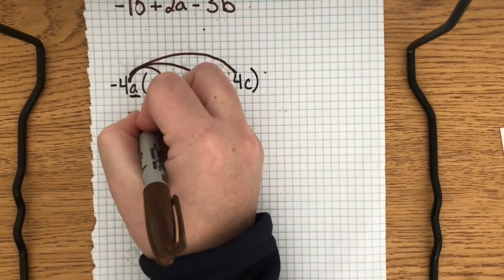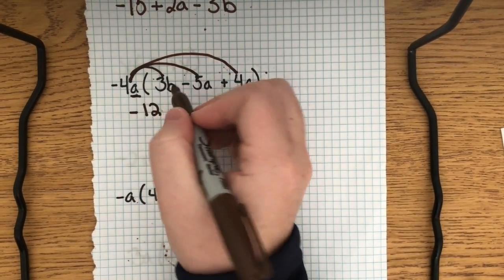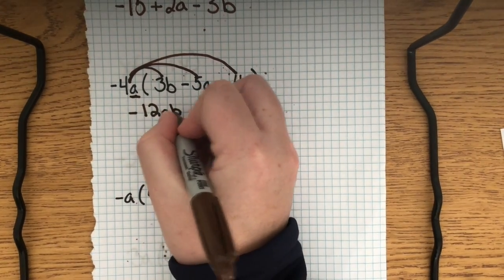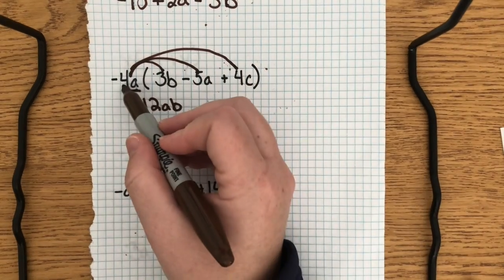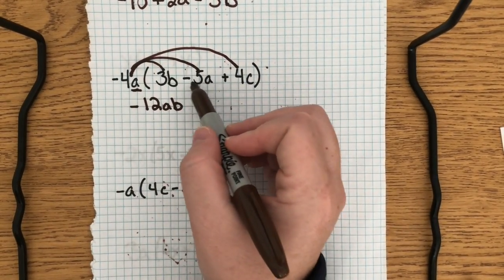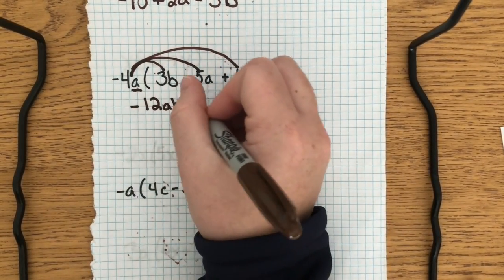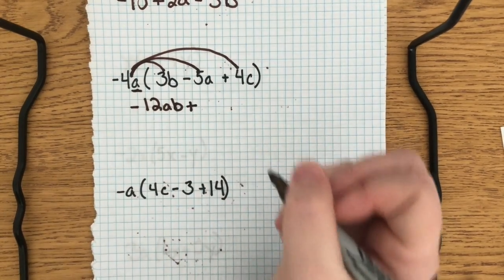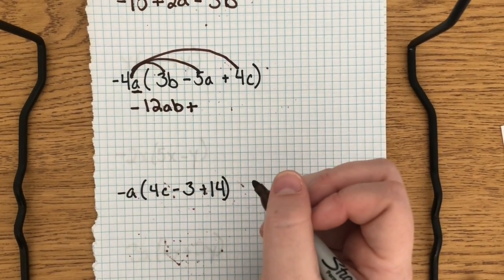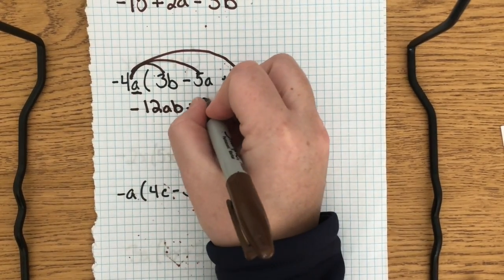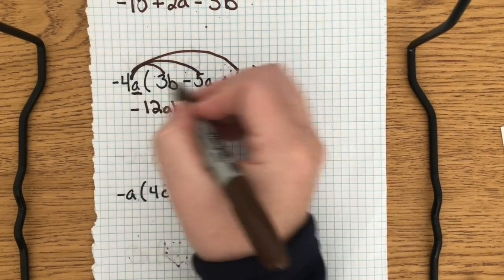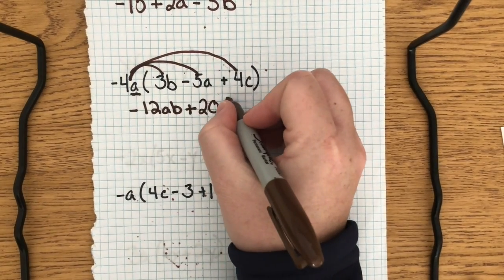Well, that's going to give me -12. I need to continue with the variables, so it's -12ab. Then -4a times -5a. Well, that becomes a positive because a negative times a negative gives you a positive. 5 times 4 is 20. A times a is a squared.